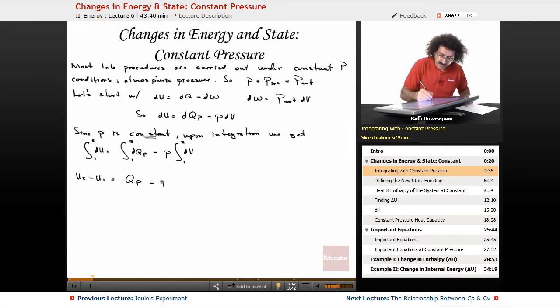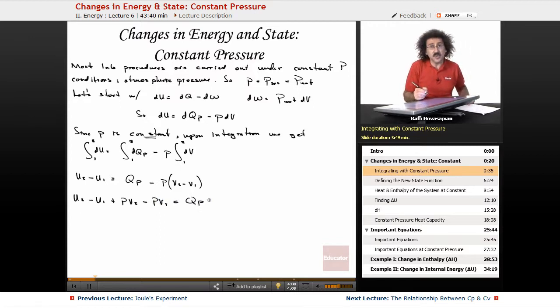And this is minus P times, well, volume is a state function, so V2 minus V1. When I distribute this and move it over to the left, I get U2 minus U1 plus P V2 minus P V1 is equal to qP.